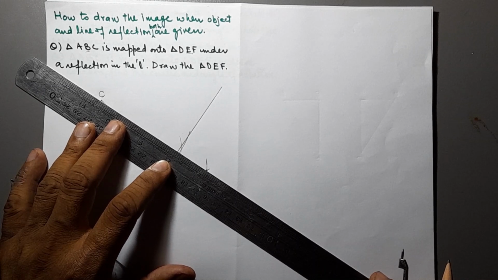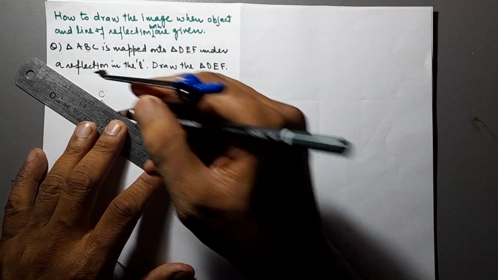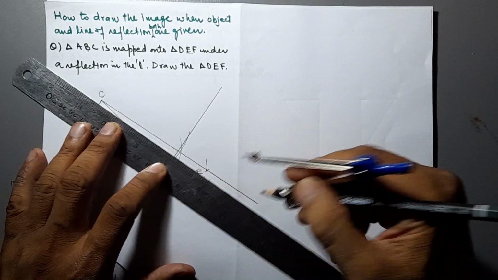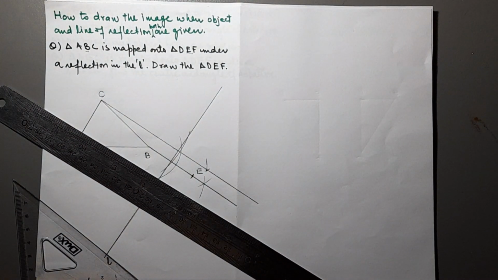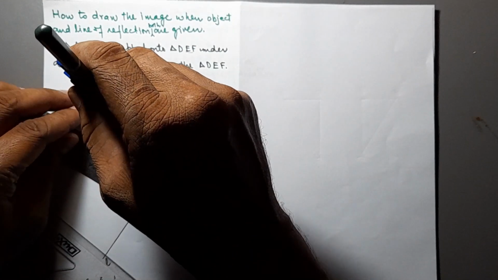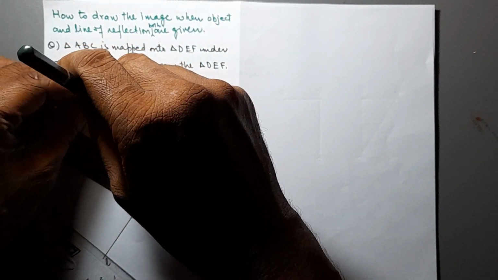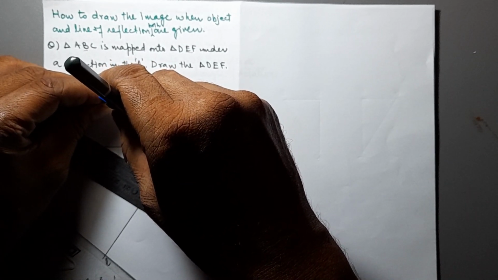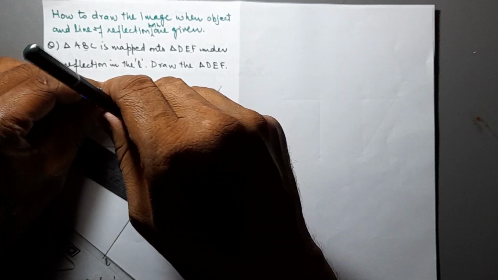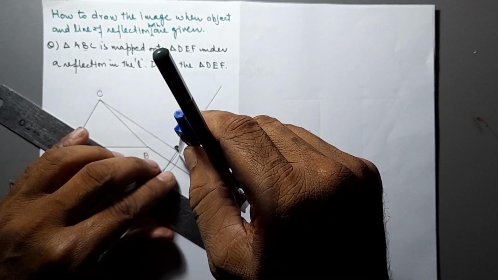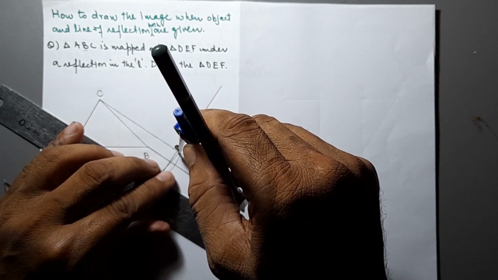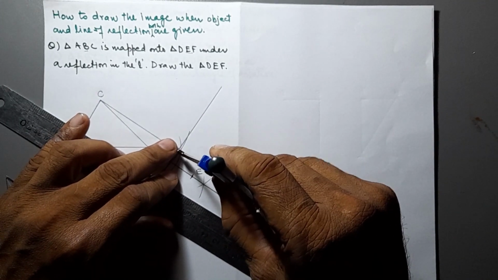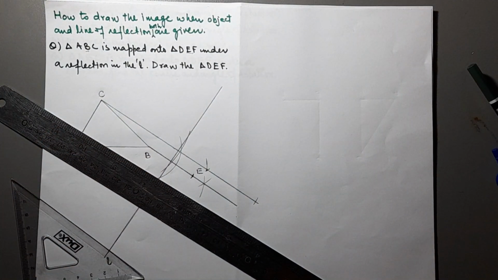So the method to draw the image in a given line is, we will draw a perpendicular from the point to the line of reflection, and we will measure the distance from the point to the line of reflection, and we know that the distance of the image from the line of reflection is the same as that of the object from the line of reflection.